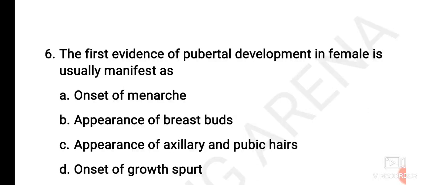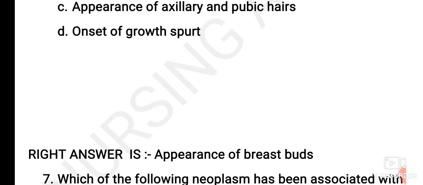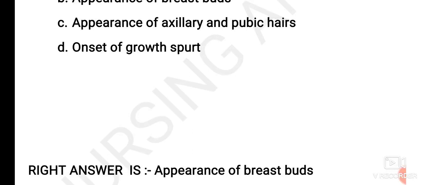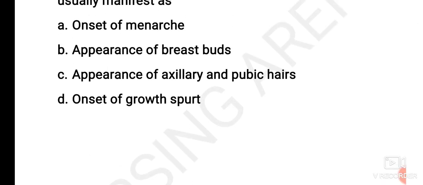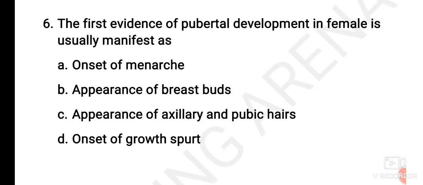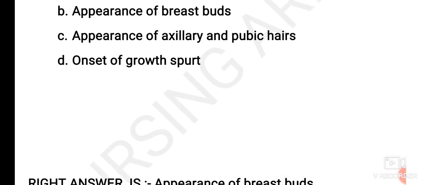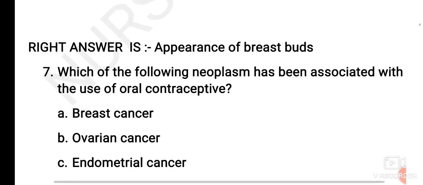During pubertal development in a female, which are the first changes that usually occur? So the correct answer is appearance of breast buds. That is the first pubertal change in the female, which is usually manifest. Moving towards next question.